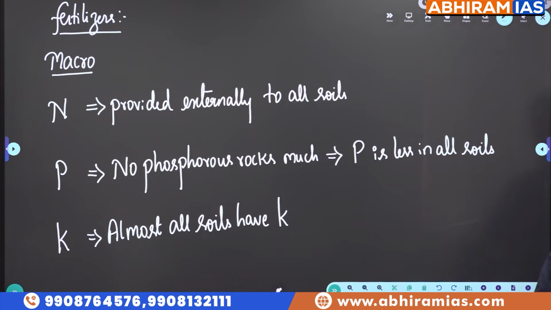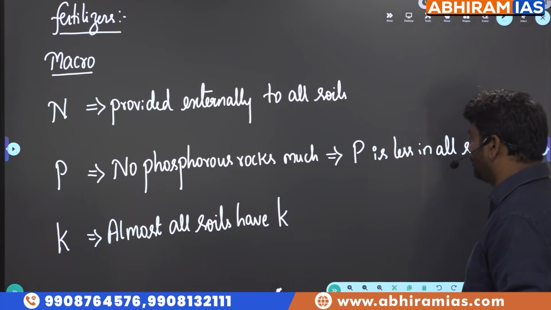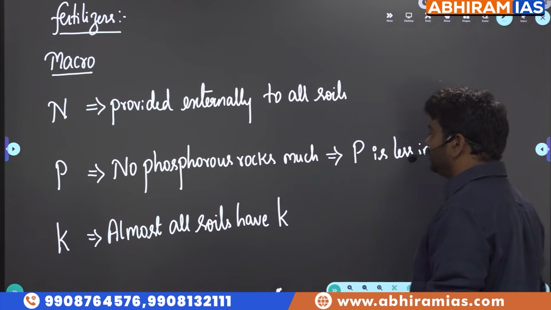Phosphorus, if they use the term is less in the soil, yes. Potassium is more in the soil, yes. Potassium is absent, wrong. Phosphorus is very high, wrong. You should be very clear about these. Don't memorize all. This is enough. Next, guys.